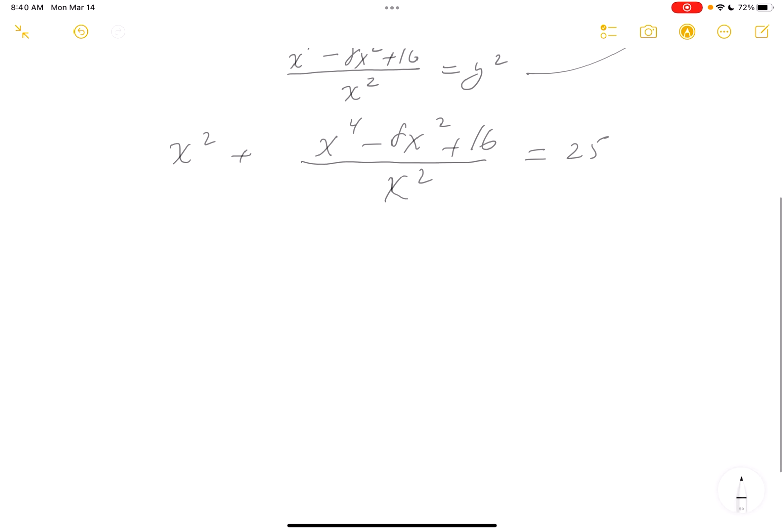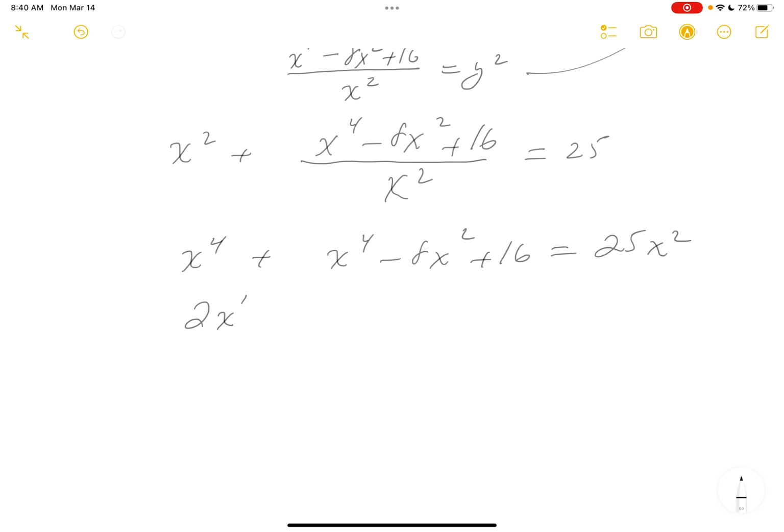All right, I'm going to multiply both sides by x squared, and you're going to get x to the 4th plus x to the 4th minus 8x squared plus 16 equals 25x squared. My hope is that it's going to be easy to factor, and let's take a look. Looks like you get 2x to the 4th minus 33x squared plus 16 equals 0.